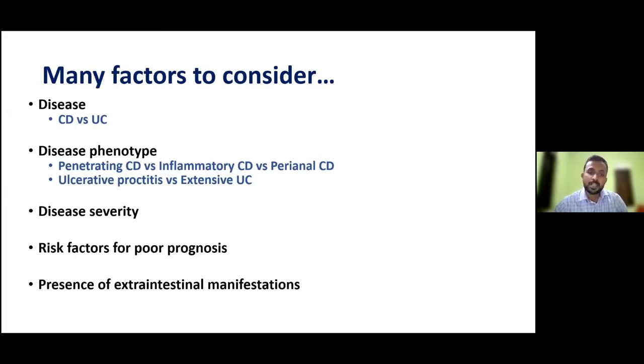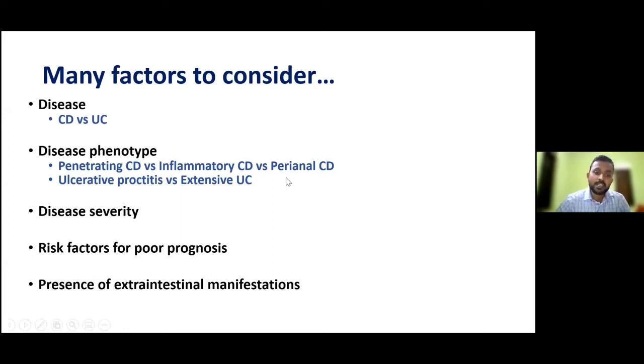For example, if someone has inflammatory Crohn's disease, we might be able to treat that patient just with corticosteroid and immunomodulators. But in penetrating Crohn's disease and perianal Crohn's disease, we might need biologics and immunomodulators right from the beginning.